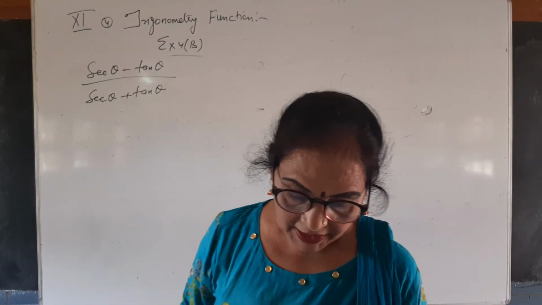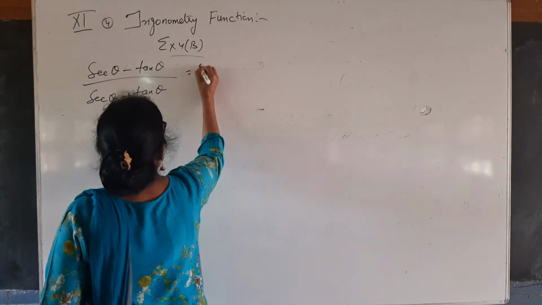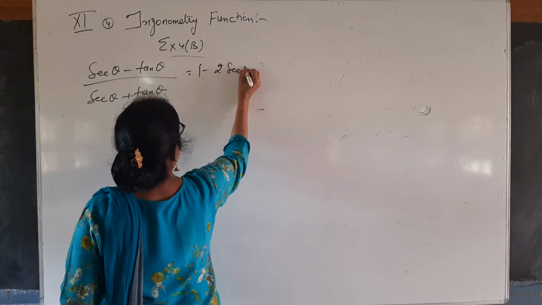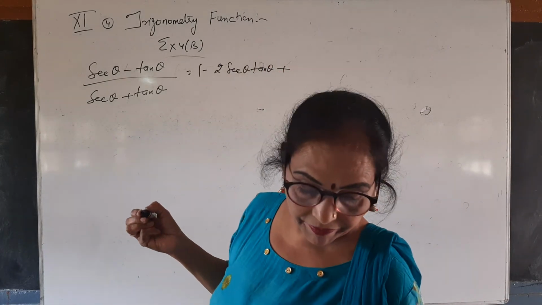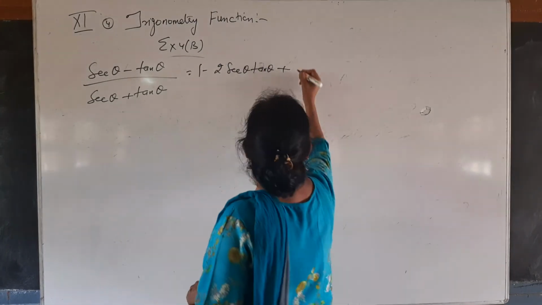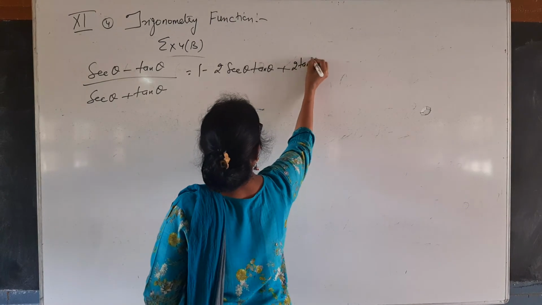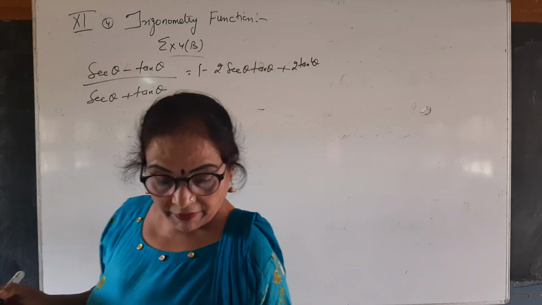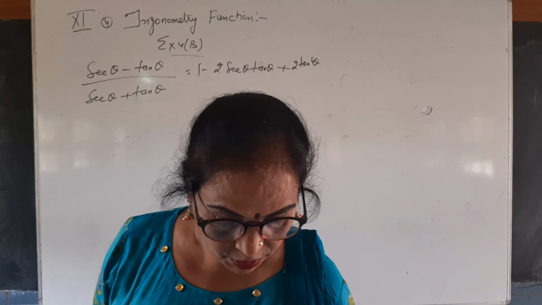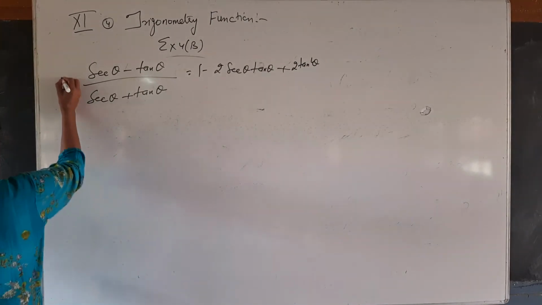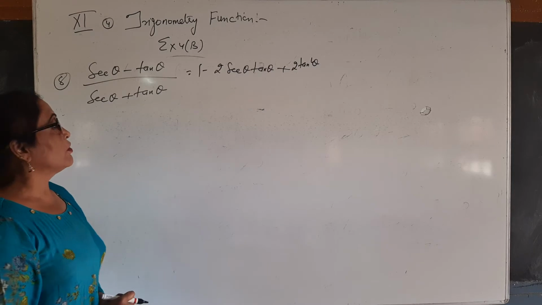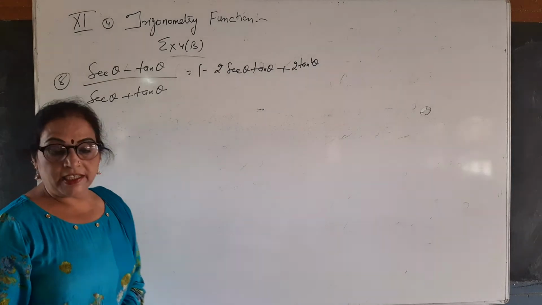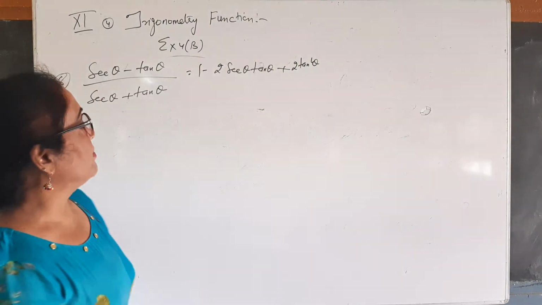We have to prove it is equal to 1 minus 2 times sec theta tan theta plus 2 tan square theta. Now what is the question given? This is question number 8. It is given sec theta minus tan theta upon sec theta plus tan theta equal to 1 minus 2 sec theta tan theta plus 2 times tan square theta.